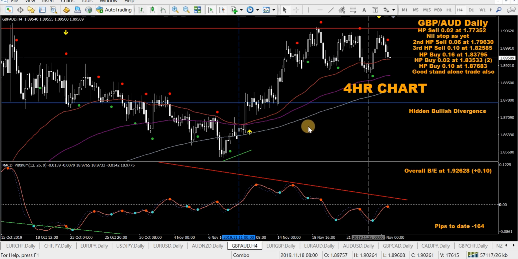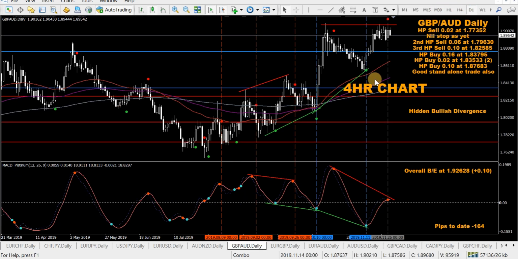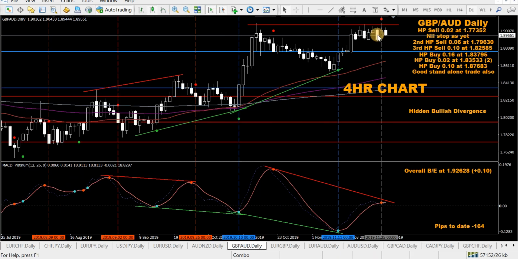Now, all right, I've got a big note on here. I'm looking at a 4-hour chart, and I'll show you why. This morning I got a signal to sell, and it was on this big, I'll just make it bigger, it was on this big bullish candle, so it would have been on the open of this candle to take the sell.